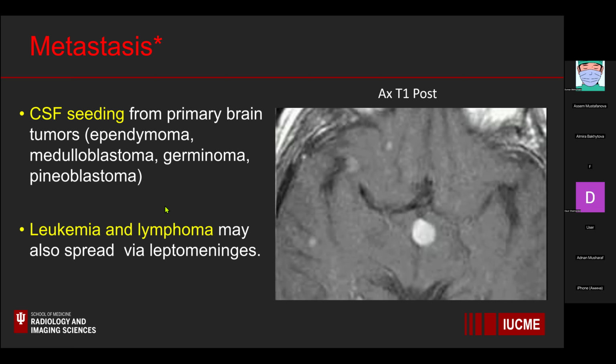Other malignancies that are very common to involve the CSF space include leukemia and lymphoma. Here on this brain MRI post-contrast, you can see parenchymal metastatic deposits, and that was our deposit in the infundibular stalk.